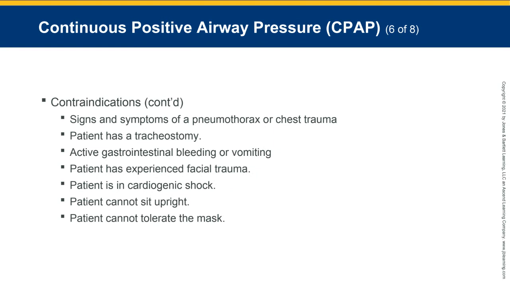If there are signs of a pneumothorax or chest injury present, tracheostomy, active vomiting or gastrointestinal bleeding, facial trauma, cardiogenic shock, if they can't sit upright, or they cannot tolerate the mask, these are things that would be contraindicated for the CPAP use.